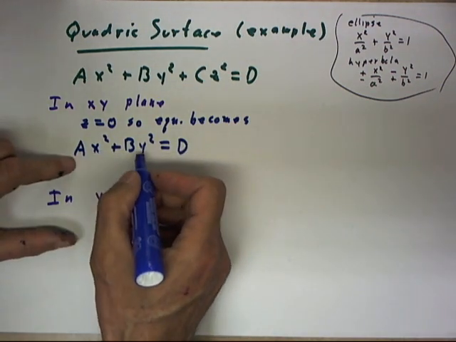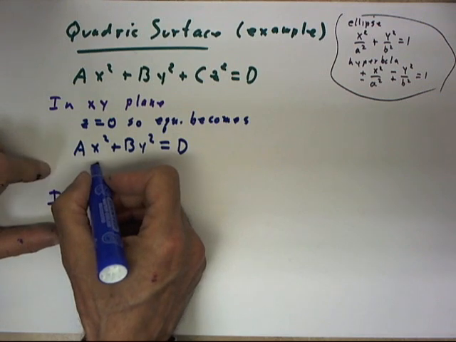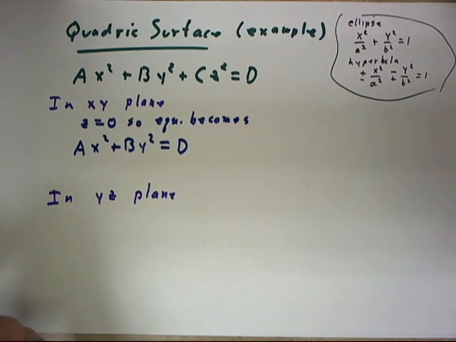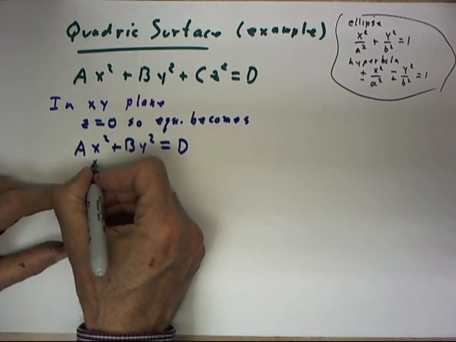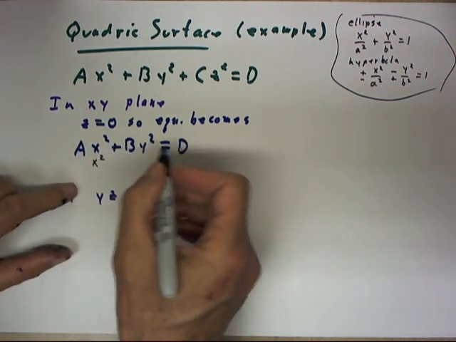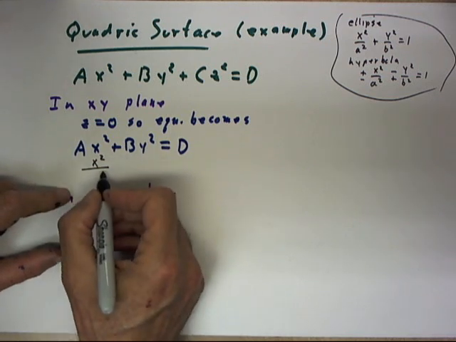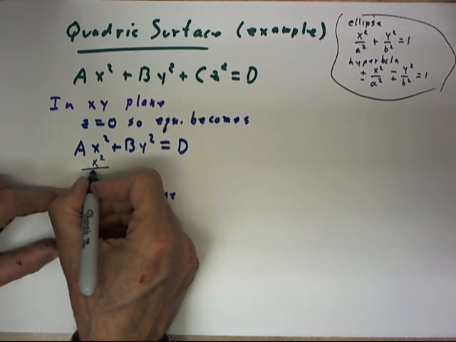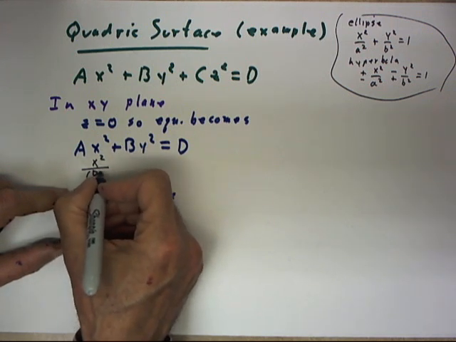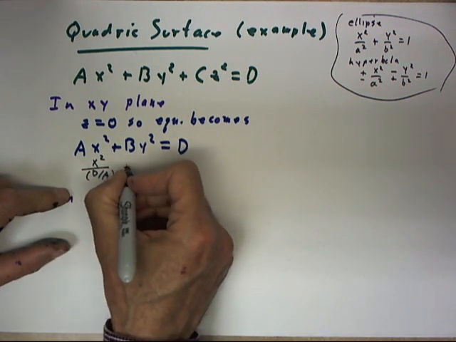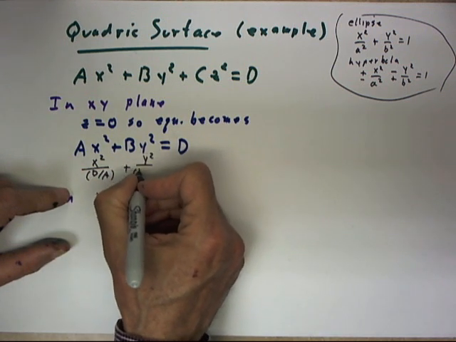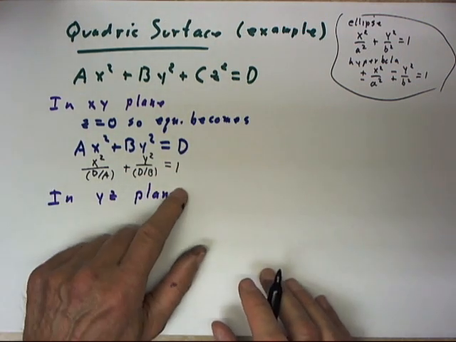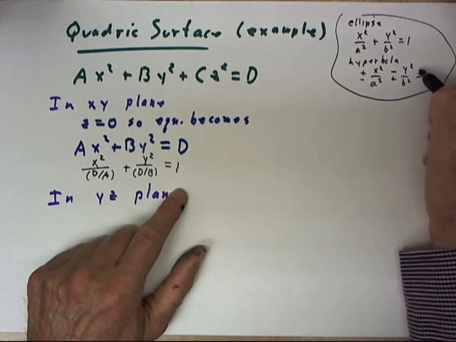Now, this is then of the form, and I'm going to have to come down to a Sharpie. I don't have room to write this with the big markers. You can verify that this is the form x squared over the quantity D divided by A plus y squared over the quantity D divided by B equals 1, to put this in the standard form.